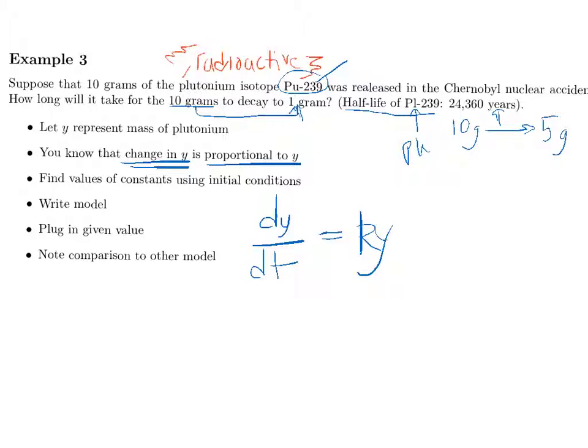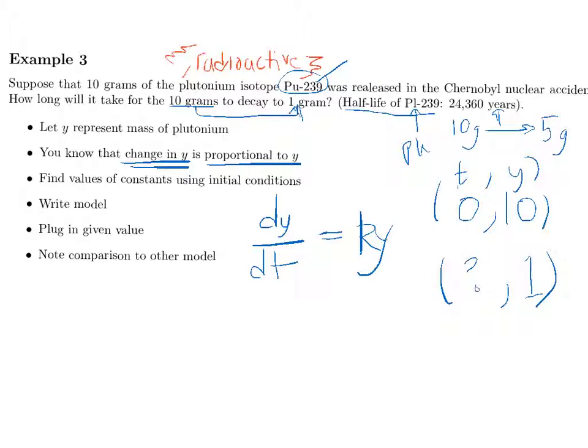Now, we know that to be true. We also have some initial conditions, right? We know that at time equals 0, we have 10 grams, okay? We want to know at what time will we have 1 gram, all right? So, do we have any other initial conditions?